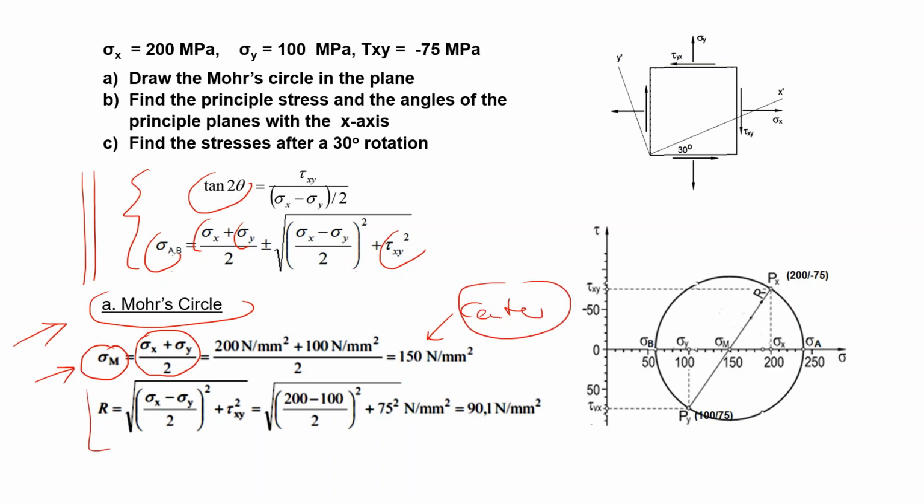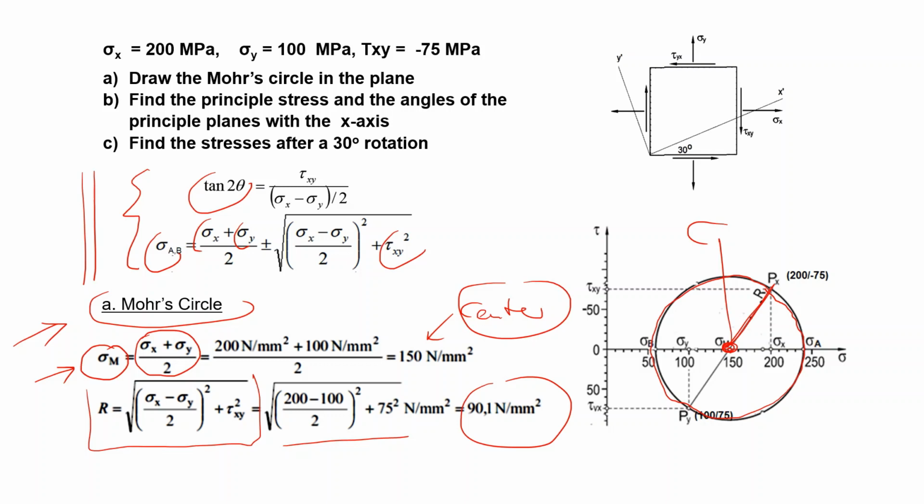And using this formula, you can determine the radius of the Mohr circle. So you put the center, take the radius, and draw the circle. That's the easiest way to do it by mathematics.